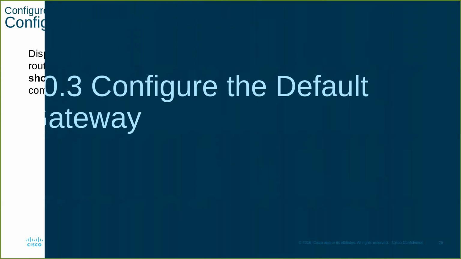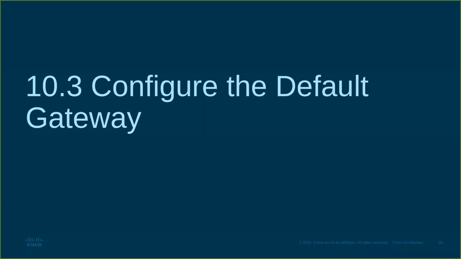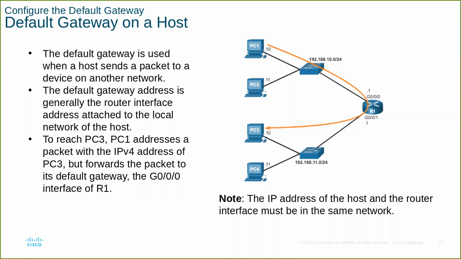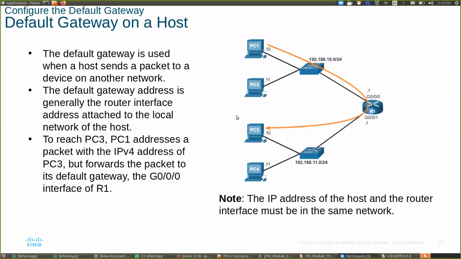So we go to configure the default gateway. Guys, the default gateway, the last time we said, the computers in the network should use the default gateway as their default gateway IP address.